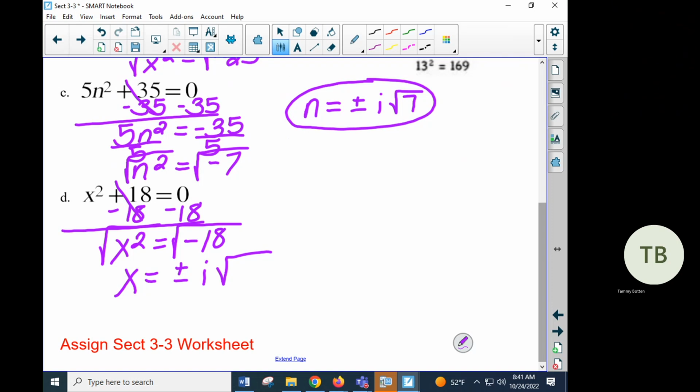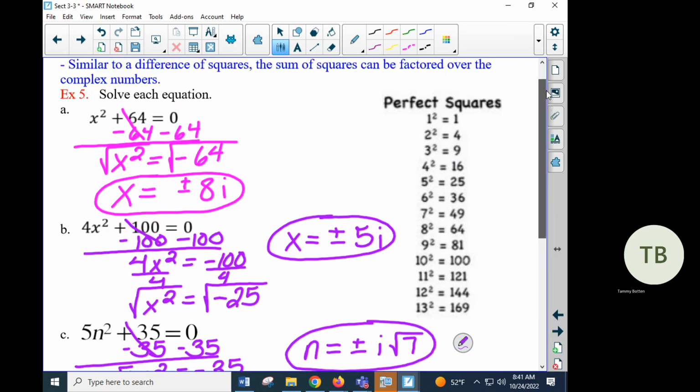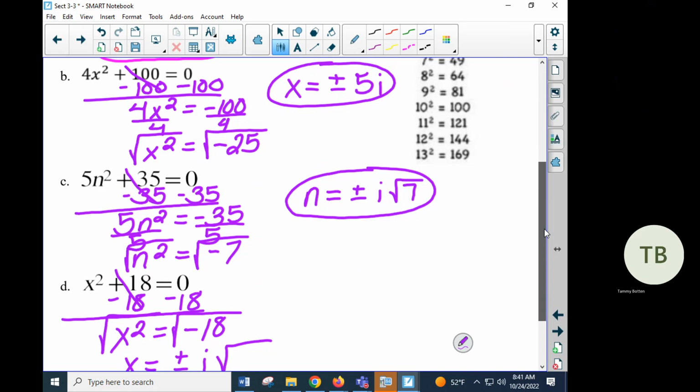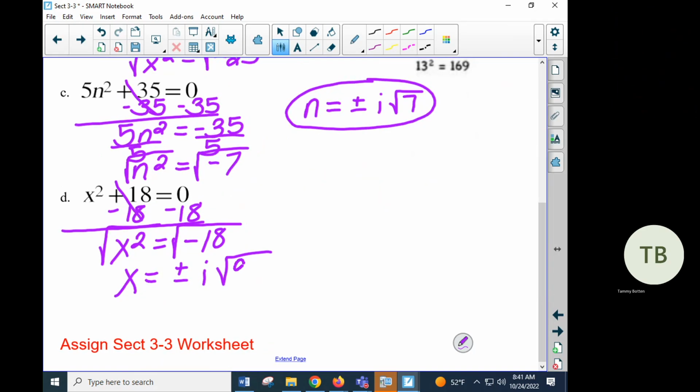Is there a perfect square that goes into 18? Doesn't 9 go in there? So I would think of this 18 as 9 times 2. And I can take the square root of 9, which is 3. So what we would get is plus or minus 3i times the square root of 2.